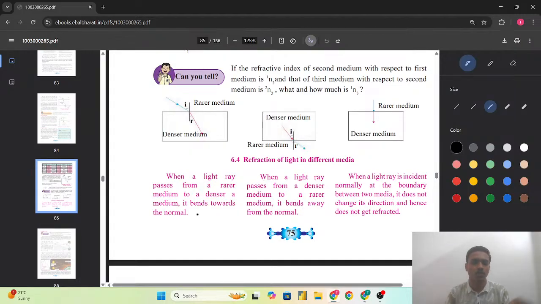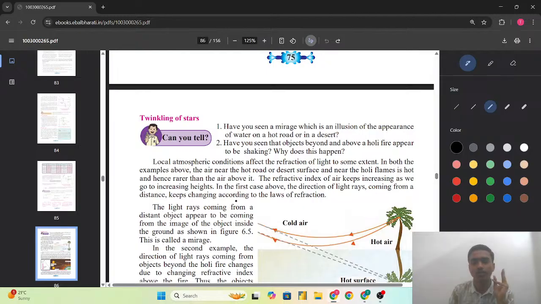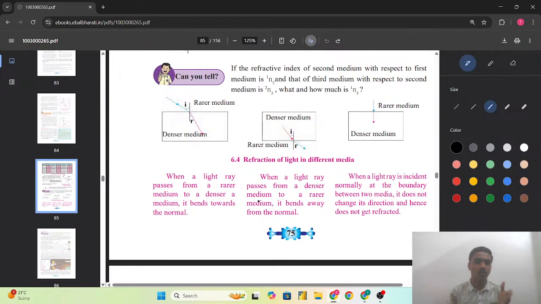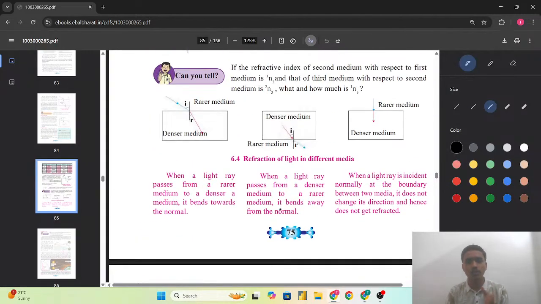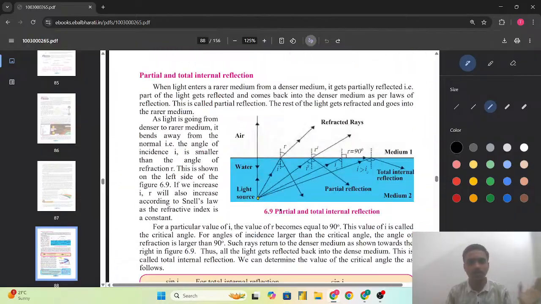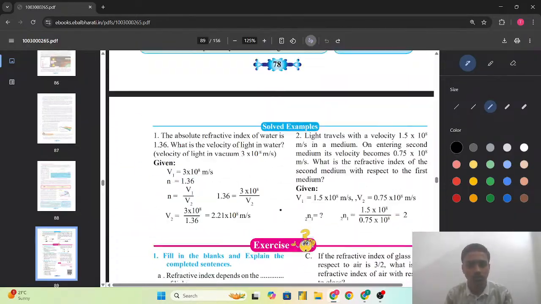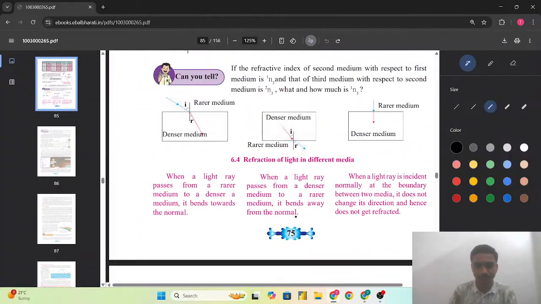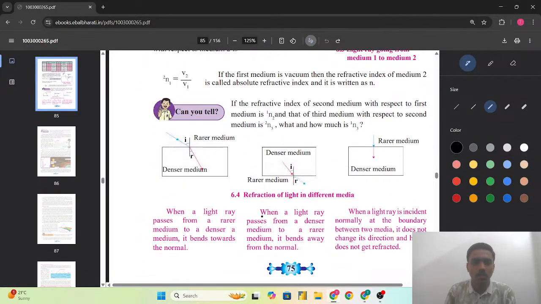Keep this in mind, because these three rules will be most important for drawing the refraction diagrams, like the reflection diagrams we studied earlier. This is not given here but we will study it. When the light ray passes from the denser medium to the rarer medium, it bends away from the normal.